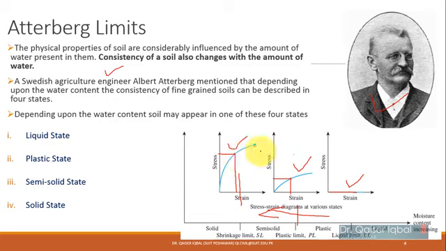The only thing different in all these three cases is there is more water over here, lesser water over here, and then further lesser water over here. So we are keeping on reducing the moisture or the water, and the shear strength is increasing. So it's clearly indicating that consistency, or the resistance to deformation, is dependent on the amount of moisture present in a particular soil.